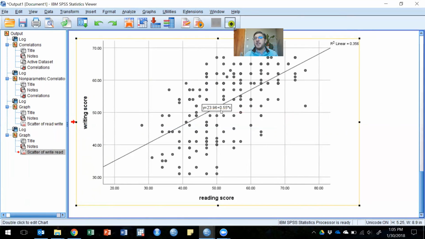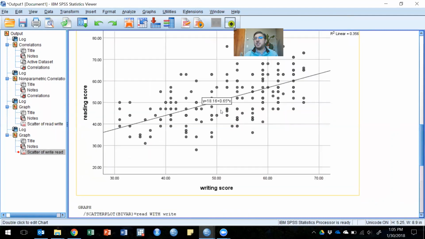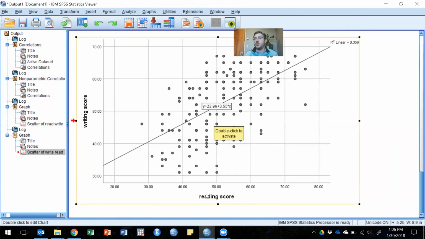Notice that the regression equation is different because they have different meanings depending on which variable we're trying to predict, right? If we want to know the relationship in writing and reading scores, then a 1 unit increase in writing corresponds to a 0.65 unit increase in reading scores, whereas a 1 unit increase in reading scores corresponds to a 0.55 unit increase in writing scores.